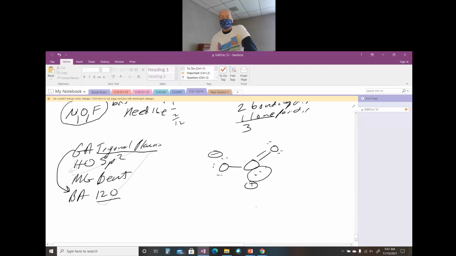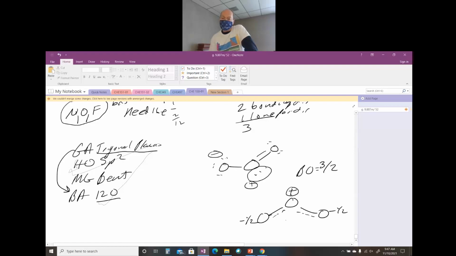So now you have to look at the resonance hybrid. Your resonance hybrid looks like this, where your bond order is 3 halves, and then your charge. The oxygen in the middle is positive. The oxygen at each end is -1/2, -1/2.